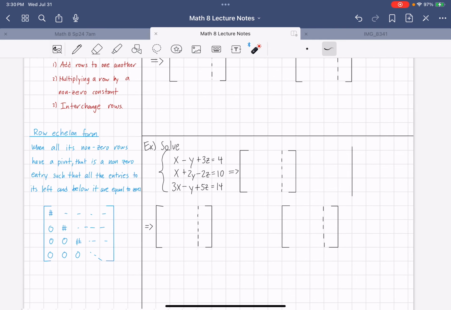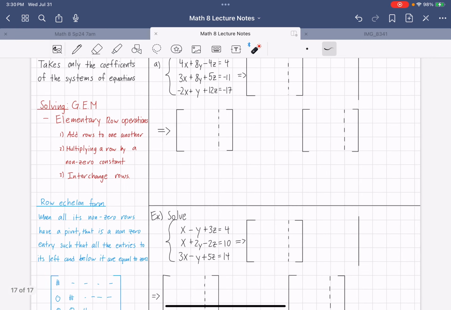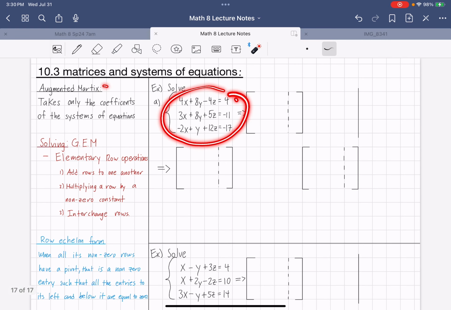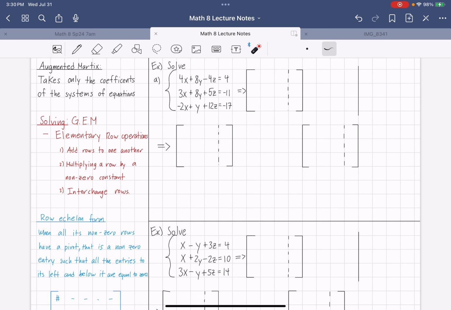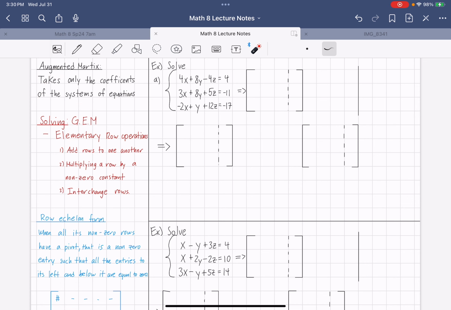So, to sum this up really quick, we need to get this system first. We're going to convert it to an augmented matrix, and I'll show you with an example what that looks like. Once it's an augmented matrix, my goal is to get it into row echelon form. To get it to row echelon form, I use my elementary row operations.